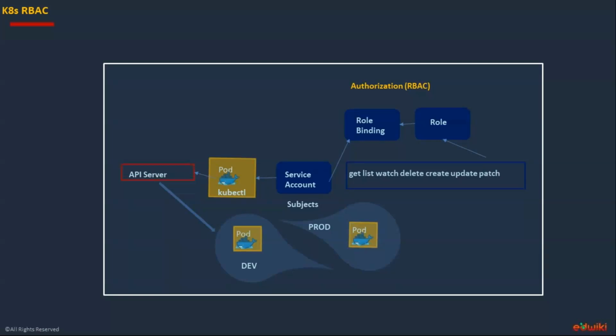Whenever you are giving this service account access to the Kubernetes pod, so that this pod can have access to the API server of the cluster in which it is running, you may be thinking, why do I need to do all of this? Why should I be running kubectl from the pod level itself, correct?